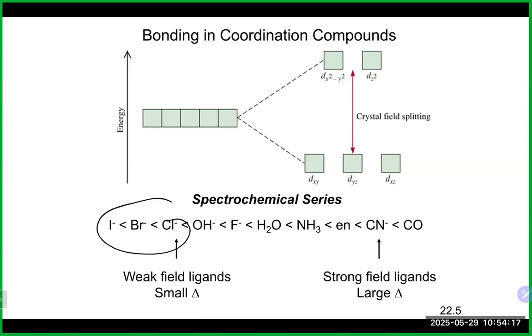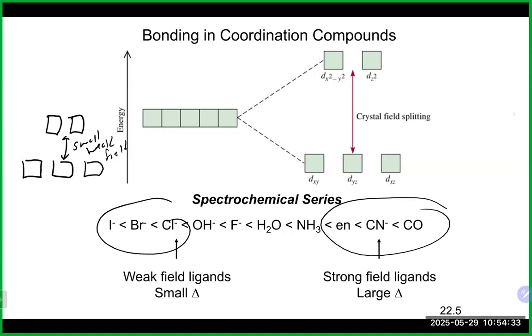And weak field ligands will give you a smaller separation of those orbitals. And on this end, it's a strong field, which again will give you a much larger separation of the lower and higher orbitals.